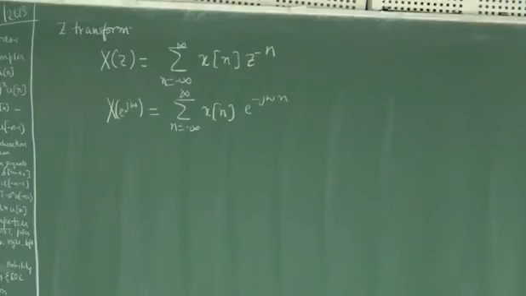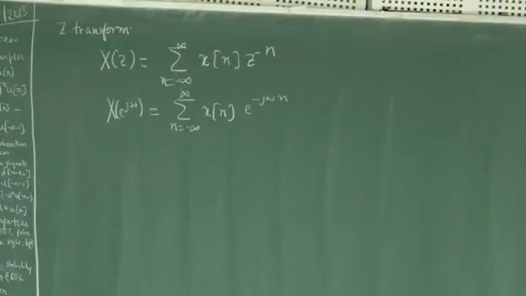Towards the end of the class last week, we discussed some of the shortcomings of the DTFT, right? We said that if we want to accommodate certain types of signals, then we will have to extend the definition of the DTFT so it can handle signals that are, say, not absolutely summable or square summable.